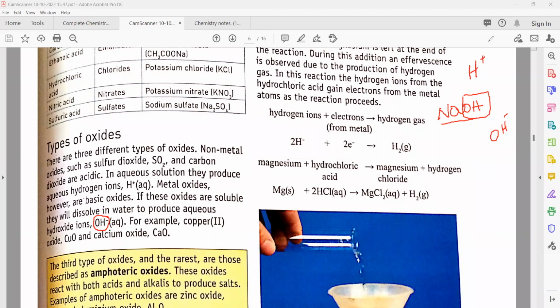Now the third type of oxides is in between both of them. Why do I say in between? Because we name them amphoteric.